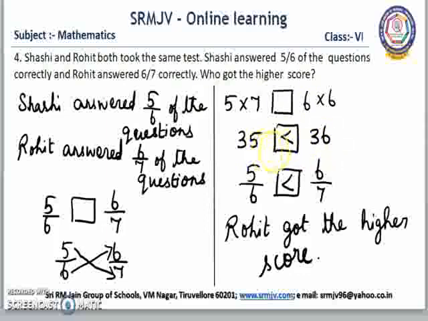Now, we have to compare which is greater. 36 is greater. So, this side 6 by 7 is greater. So, this is Rohit's score. So, Rohit got the highest score. Is it clear, children? Shall we go to the next one?